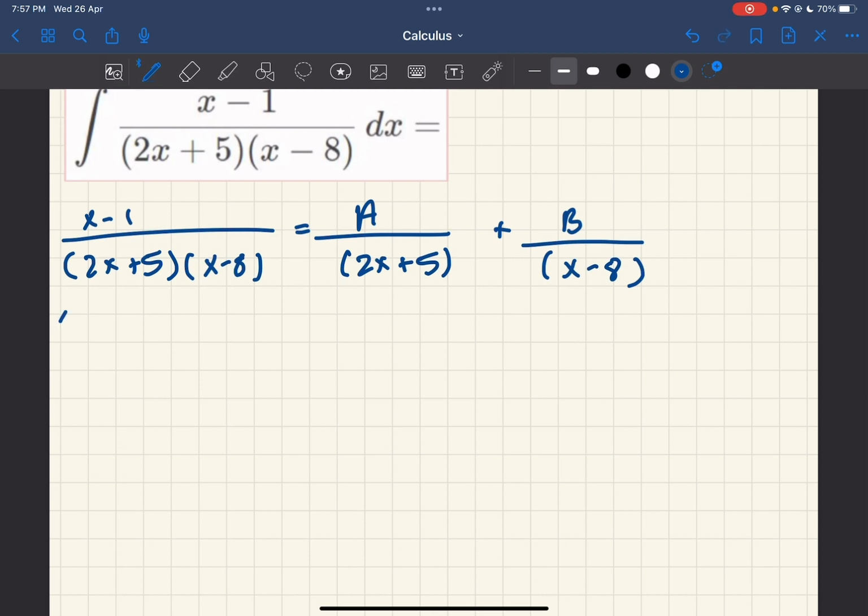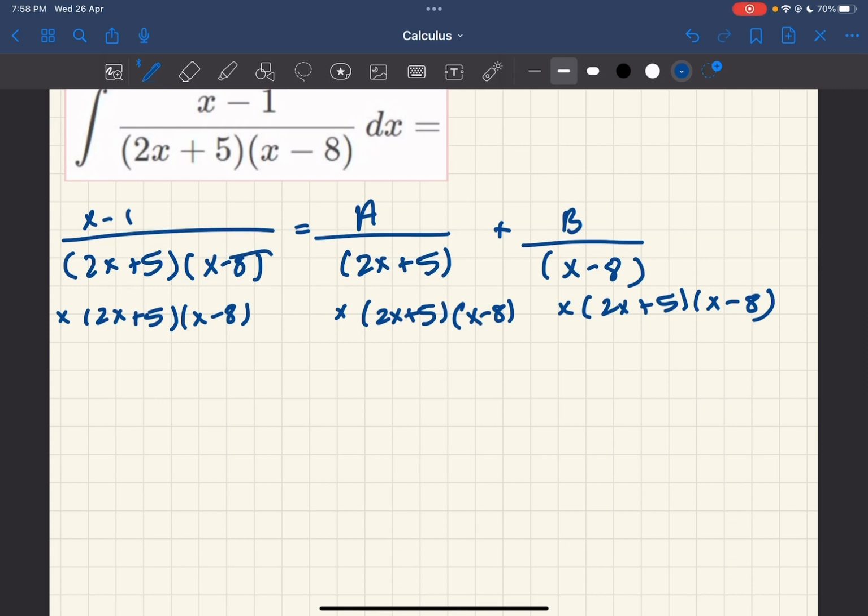So we're going to write here 2x plus 5, x minus 8, multiplied by each term. And you can cancel this out, cancel this out, cancel this out. x minus 8 and x minus 8 cancel each other. There we go.